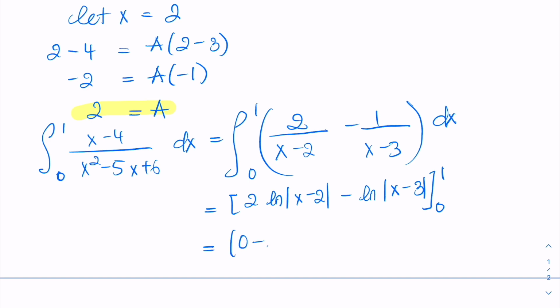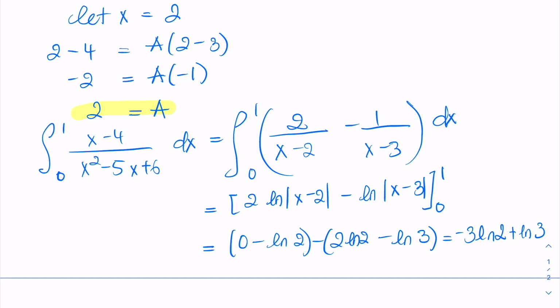I got 0 minus ln 2, minus 2 ln 2 minus ln 3. So that is going to be negative 3 ln 2 plus ln 3. That's our final answer.